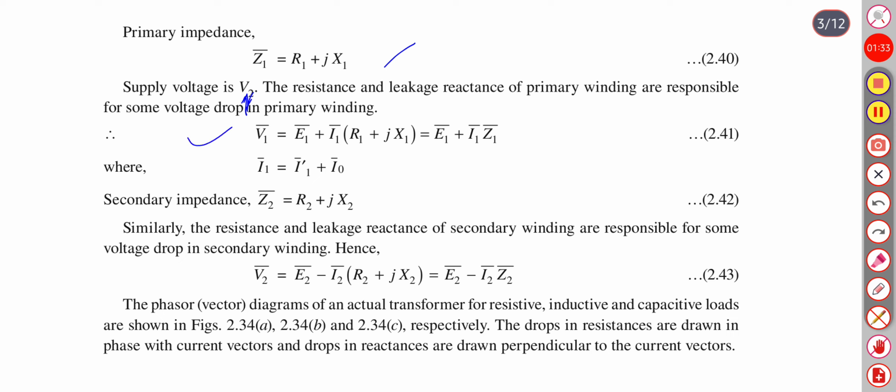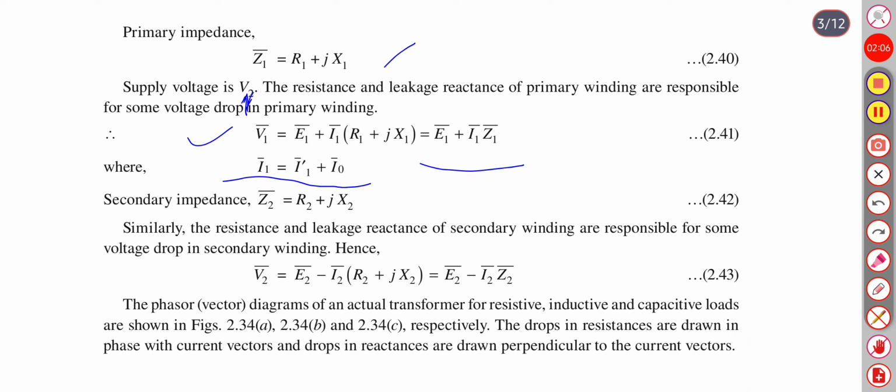So V1 equals E1 plus I1 into Z1, where I1 is I1 dash plus I0. I0 is the no load current and I1 dash is the primary current.